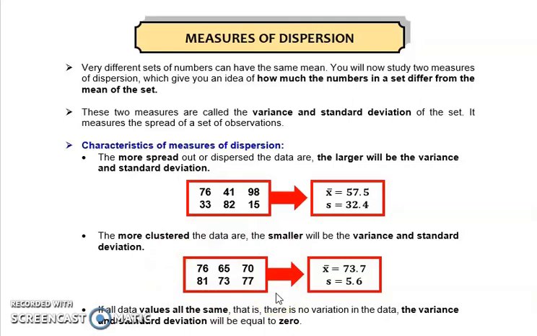When we calculate the mean of this data set, we will get 73.7 and the standard deviation will be 5.6. So the more clustered the data are, the smaller will be the variance or standard deviation, and the more spread the data are, the larger will be the standard deviation.